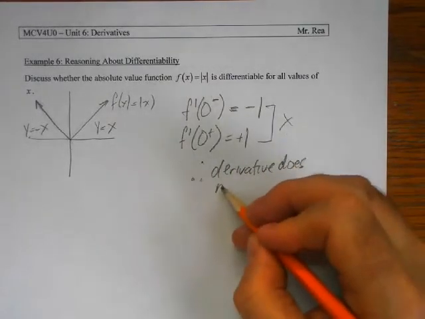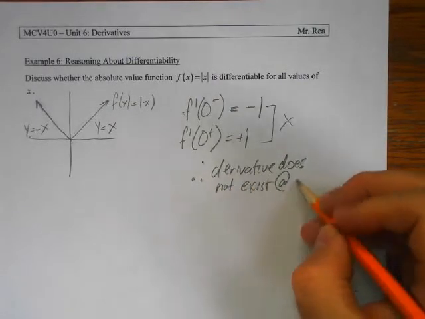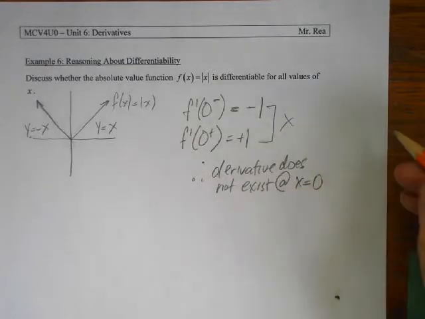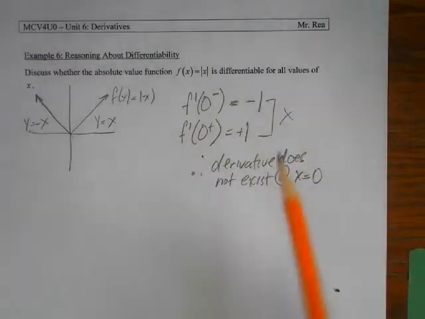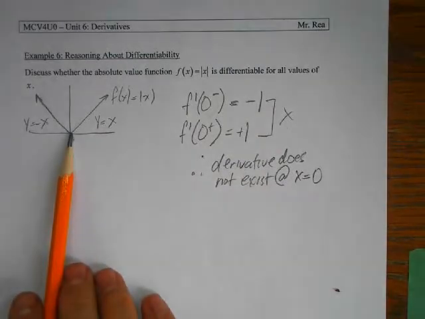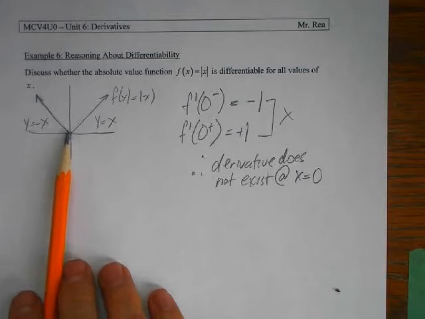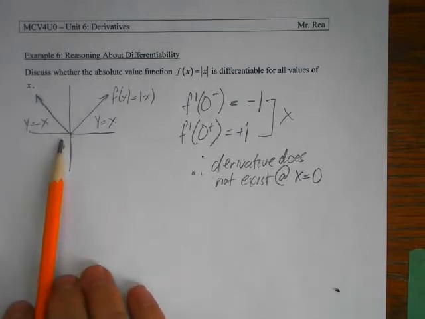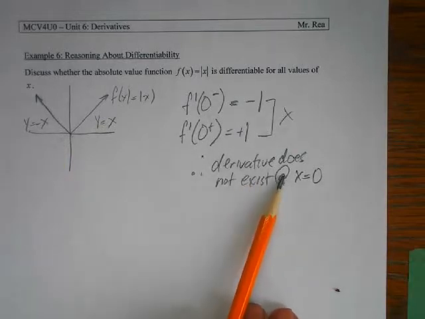Now, that doesn't mean the derivative does not exist at any other points. In fact, this is the only point of f where the derivative does not exist. Every other value of x, the derivative exists. Okay, so it's a very unique point. The only value of x where the derivative does not exist, but it does exist everywhere else.